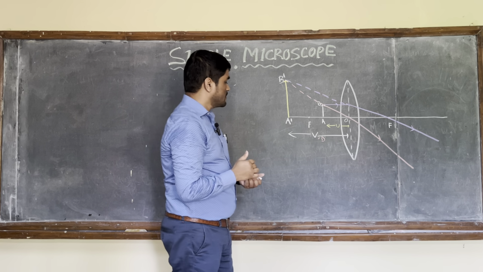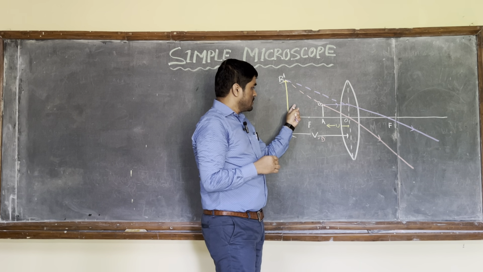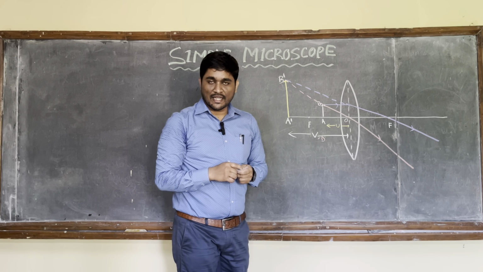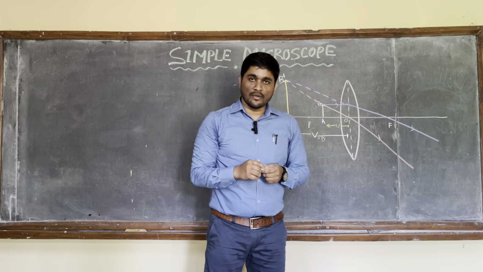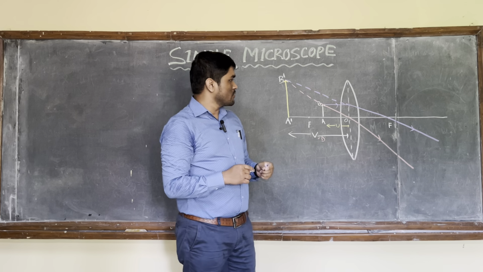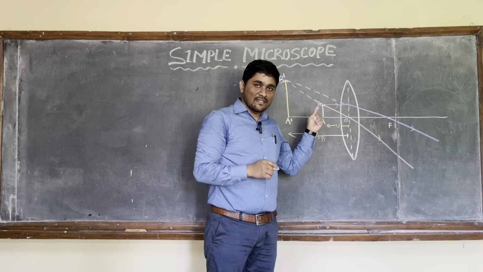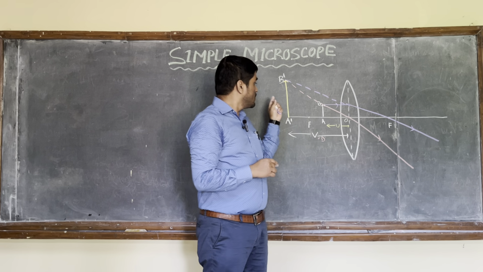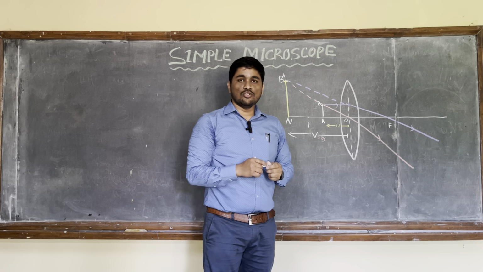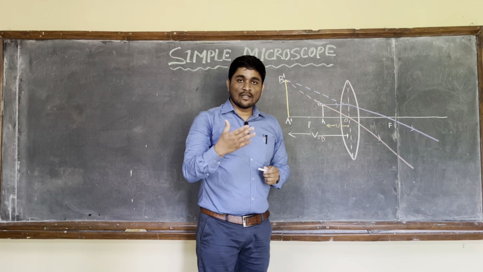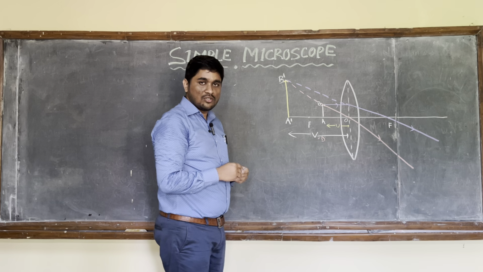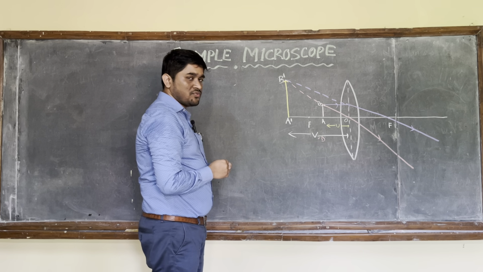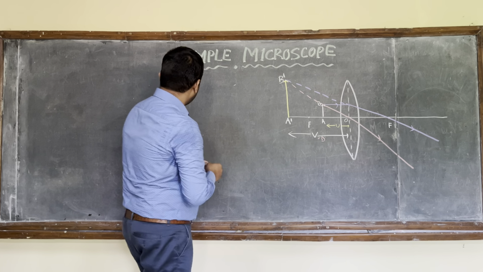And here we have to find out the magnification, and you have to remember, in simple microscope, in place of linear magnification, you have to take the angular magnification. So you have to use the formula of angular magnification.